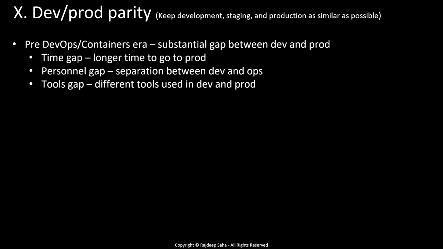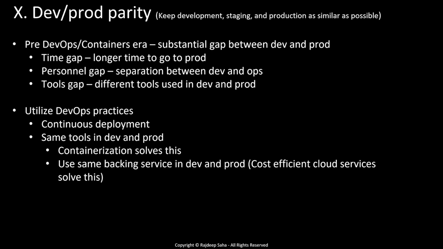Now, if you're using DevOps, you are implementing CI and CD, and the time gap to go to prod reduced from weeks to basically hours. This basically says utilize DevOps practices. Utilize continuous deployment, use the same tools in dev and prod. If you are using containerization, it already solves this because you are using the same libraries.